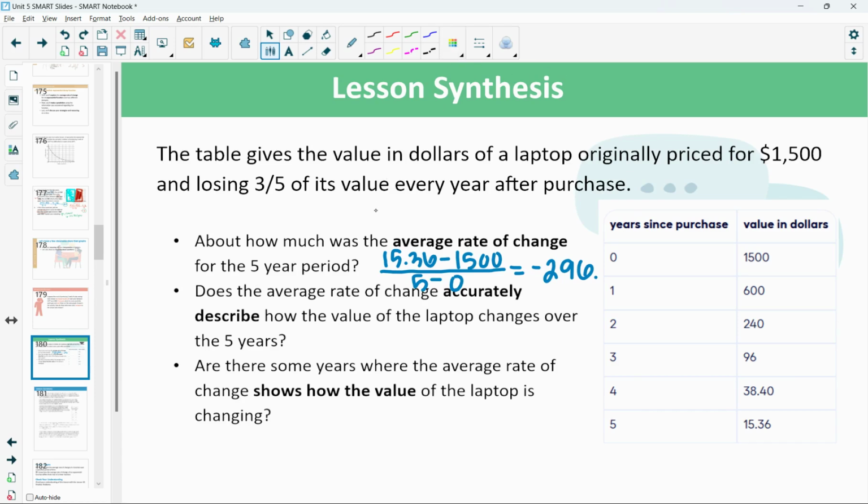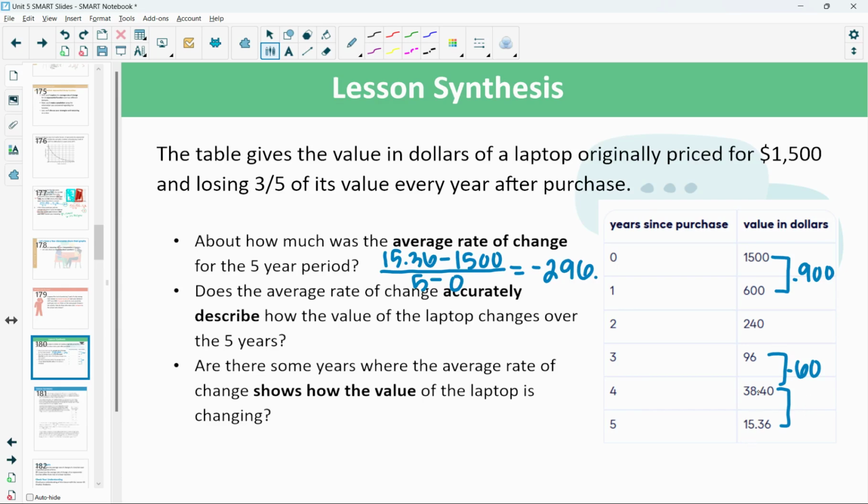And does that accurately describe what was happening with the laptop's value over those 5 years? And I would argue probably not, right? Because this decrease is $900. So that's a decrease of $900. And then when you get down here, 96 minus 38 is really only about 60, not exactly 60, but approximately.